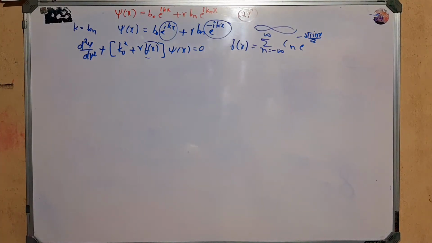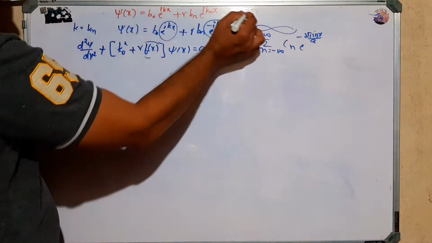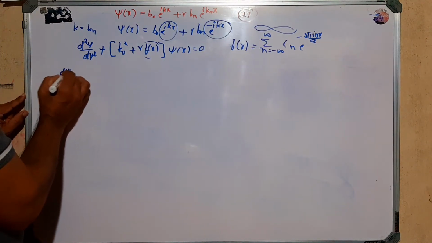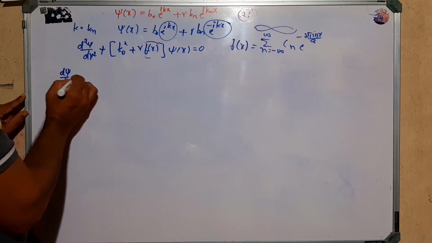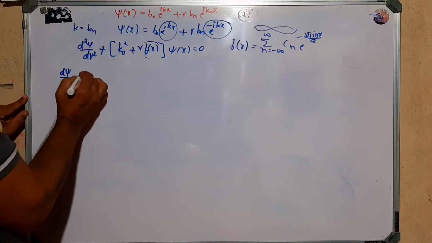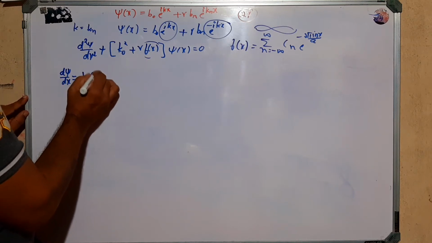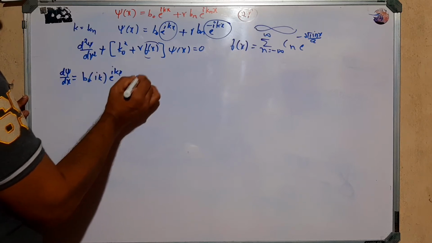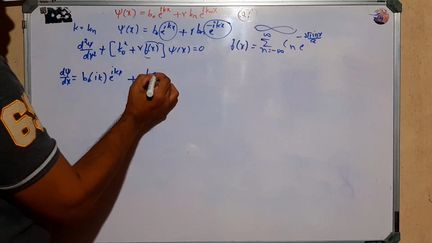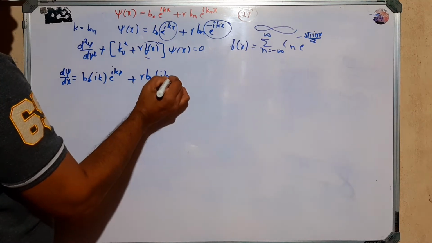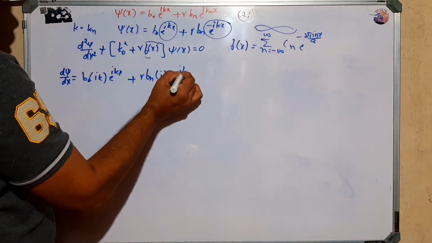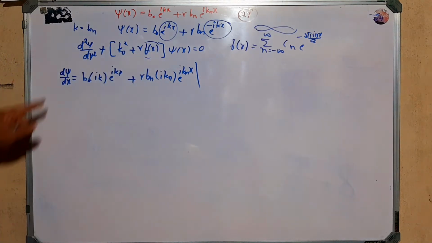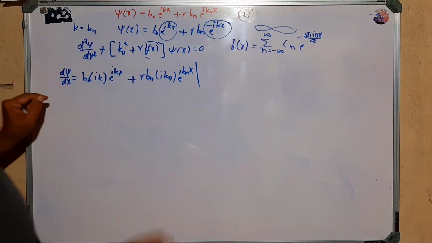Now to get this, you have to consider equation number 27 and differentiate dξ/dx, which is equal to b₀ ik e^(ikx) plus γ bₙ ikₙ e^(iknx). Next, differentiate again with respect to x.